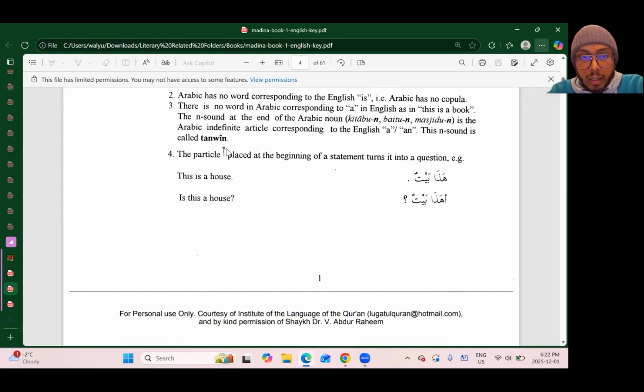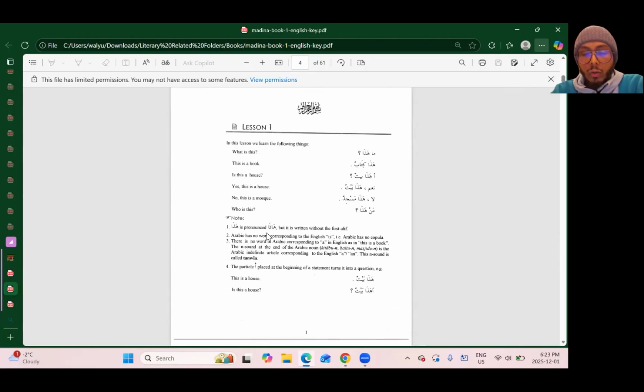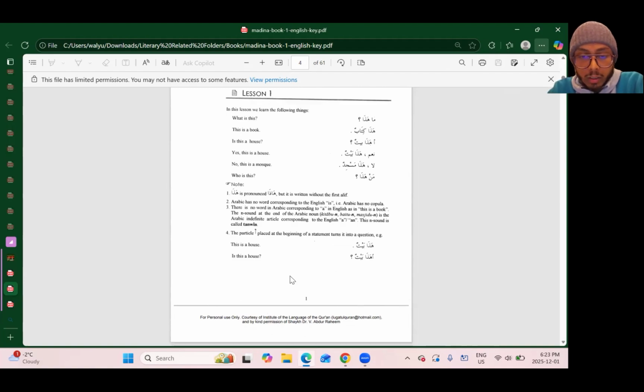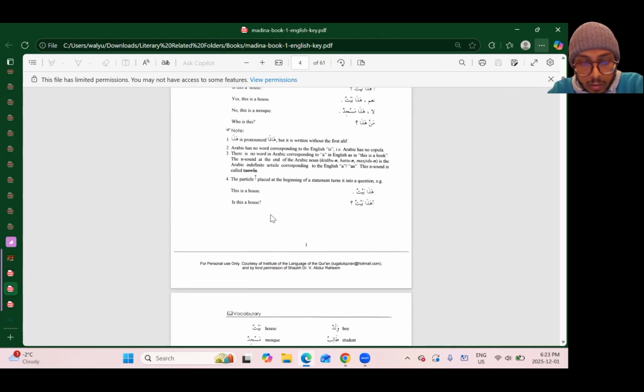The particle alif with, or actually it's a hamza with a fatha, turns a statement into a question, right? So these are extremely important. This is like the lesson objective, right? If you understand this and can explain it and can use it, then you've understood the lesson. Anything else is extra and not necessary.